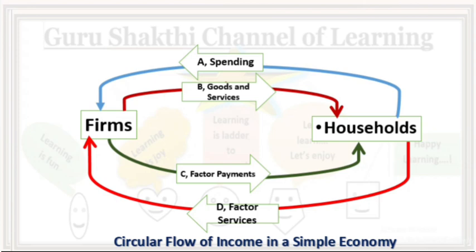The arrow at point C, moving from firms to households, represents the payments made by the firms to the households. Both point C and D represent the factors of production market wherein services of different factors of production are exchanged for payment of income.